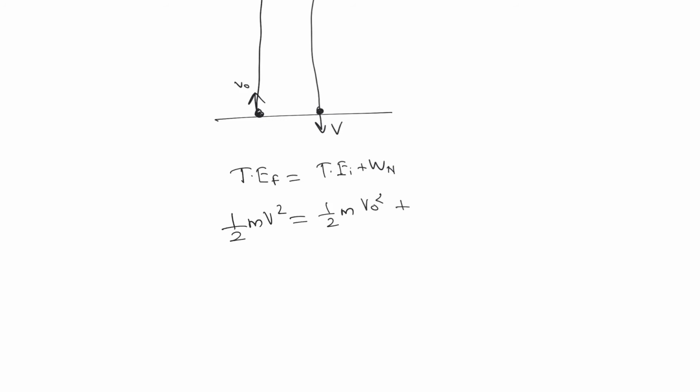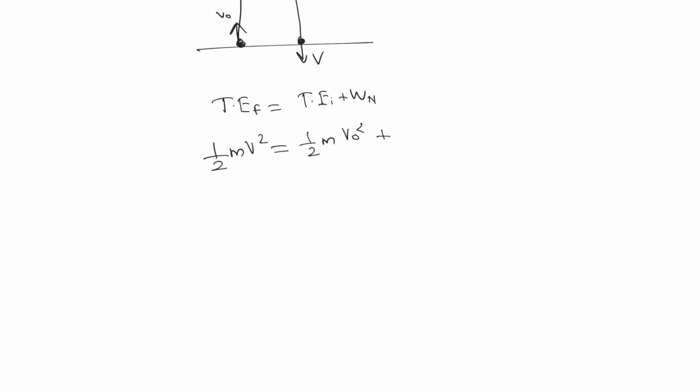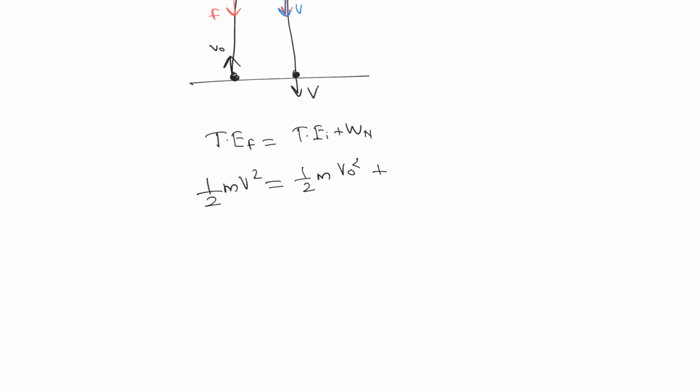When the object moves upward, the frictional force acts downward, and when the object moves downward, the frictional force acts upward. So this force always does work opposite to the direction of displacement, and the work done by the resistance force is always negative. The total work done will be force F into total distance traveled 2h, h upward and h downward, so the total work done is minus 2h into F.